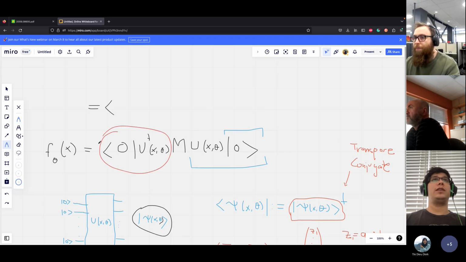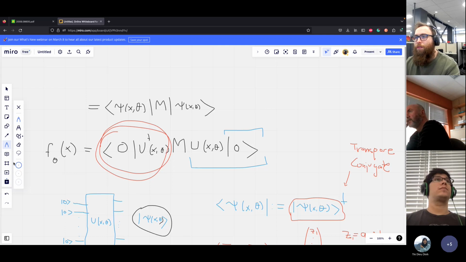This part here is the complex conjugate of the other part. So what you have is psi of x theta, then M, and then psi x theta. Okay.